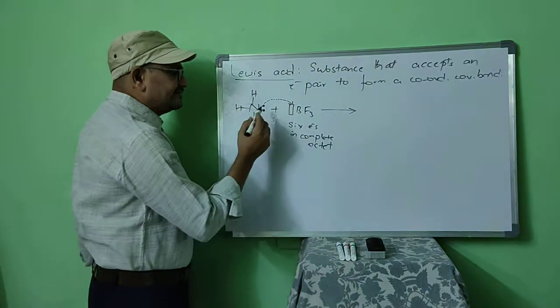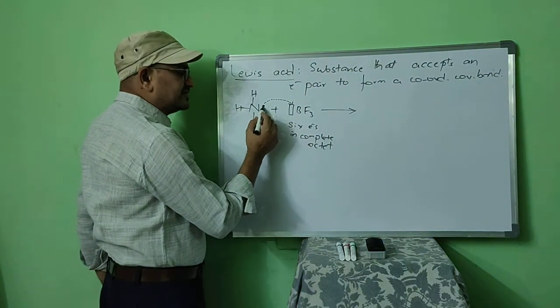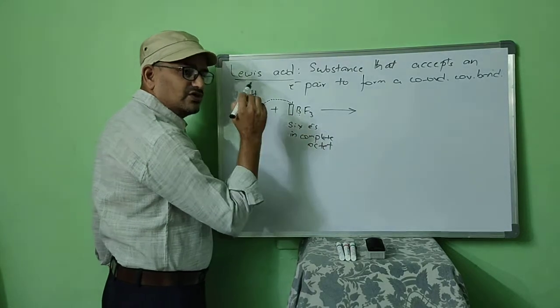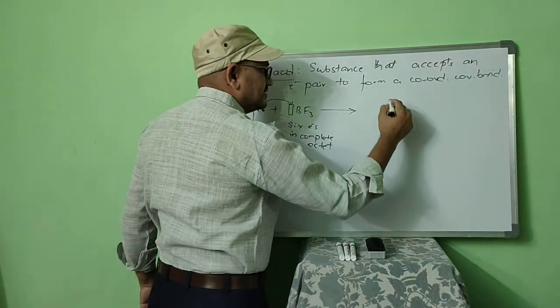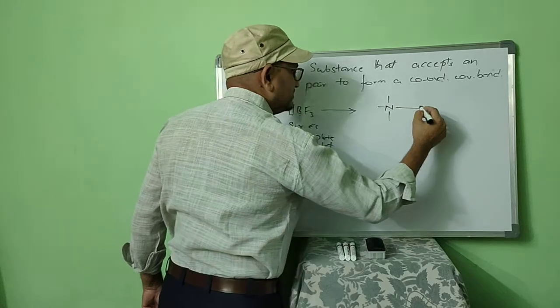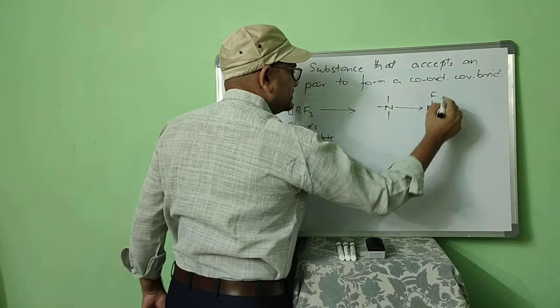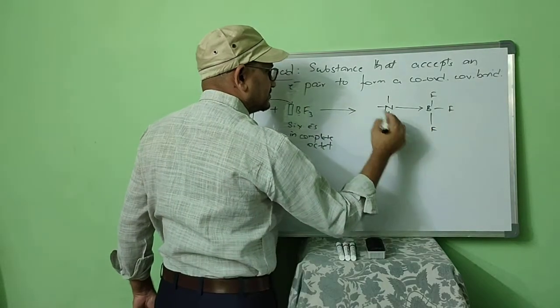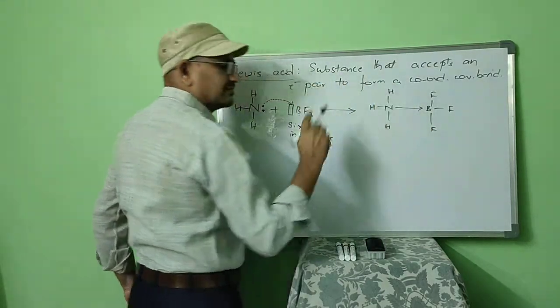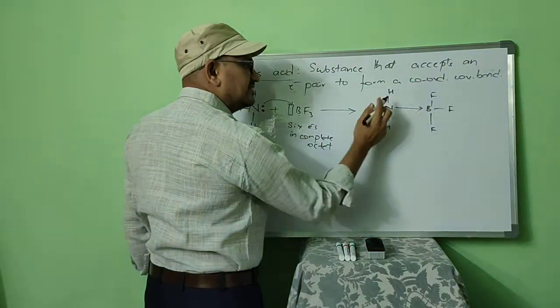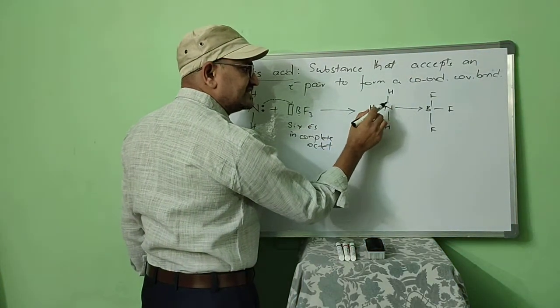Now what's happening? Nitrogen is contributing the lone pair of electrons to get shared between nitrogen and boron. Thus a new bond will be formed between nitrogen and boron. Have you noticed this one? So this is a covalent bond. This is also a covalent bond. What's the difference?